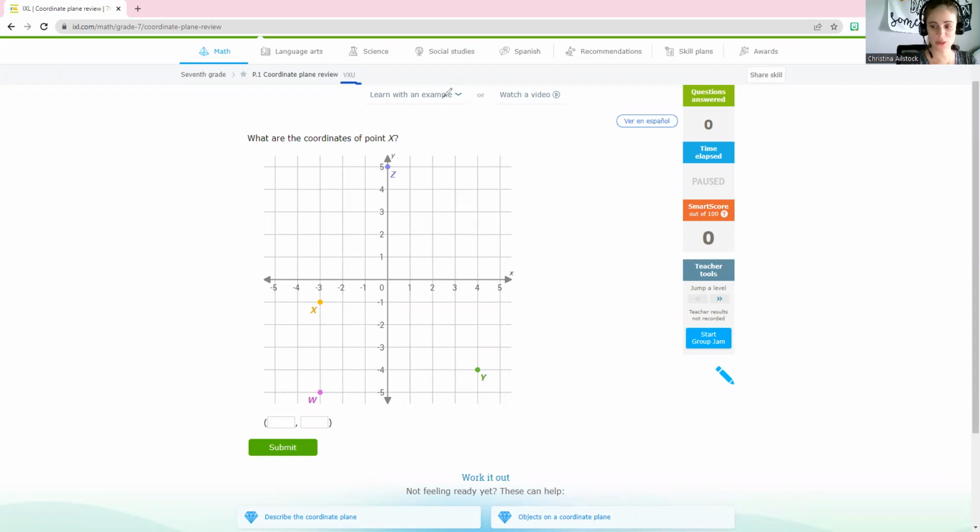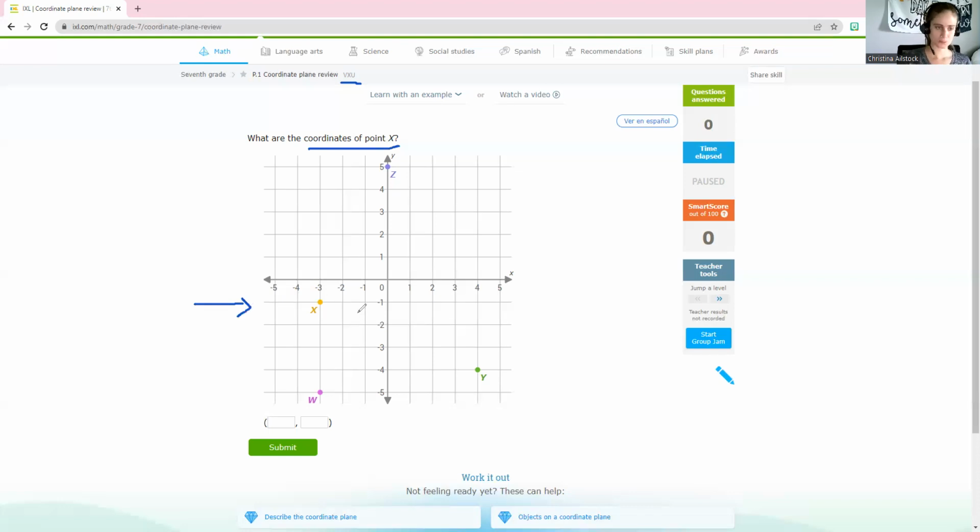Might be a little bit easier for you to read, just depends on how your brain works, whether you like that previous image with all the notes or whether you work a little bit better with one that's less colorful. But we are being asked to find the coordinates of point X. So we have several points on here, but we are wanting to find X. So that's this one right here that my arrow is pointing to.